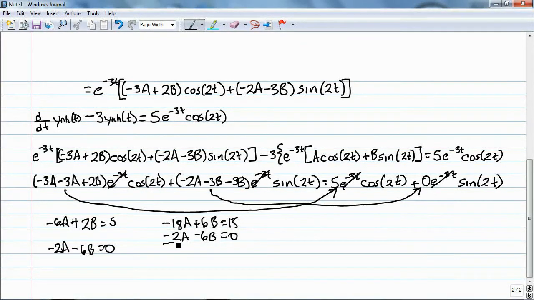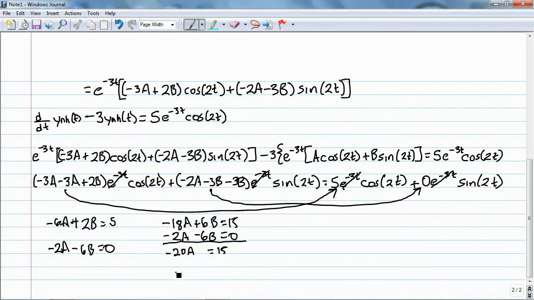And if I add those two equations together, I'm going to get negative 20a is equal to 15.